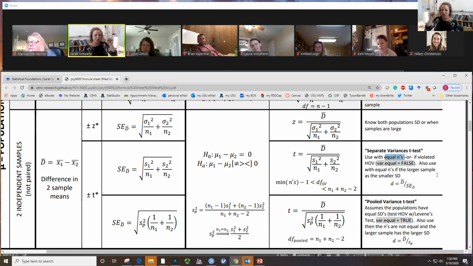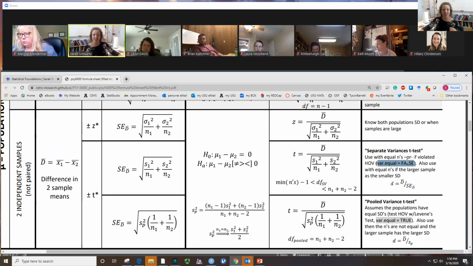Sample sizes. When we have equal sample sizes but we violate homogeneity of variance. Also, if we have equal n's, we can do this if the bigger sample has the smaller standard deviation. That's the separate variance test. And in R, you say var dot equal equals false to get this option.